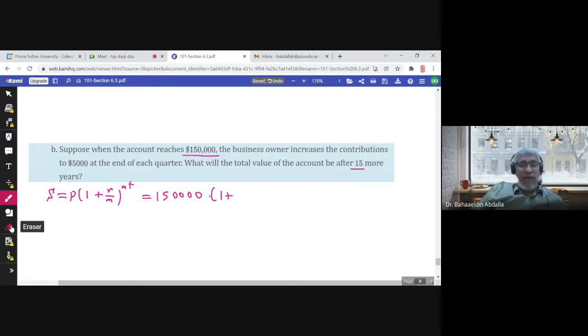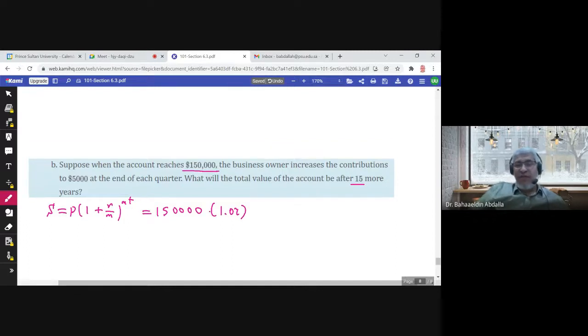So this is 1 plus I, so it's 1.02 to the power MT, 15 years times 4, so to the power 60, because it is compounded 4 times a year. Usually you multiply by 1.02 when you compound for one period. So this will give you 492,154.62. So this is what would happen to the 150,000.